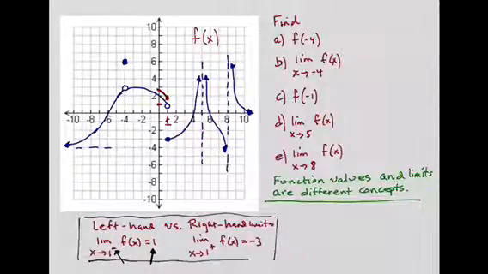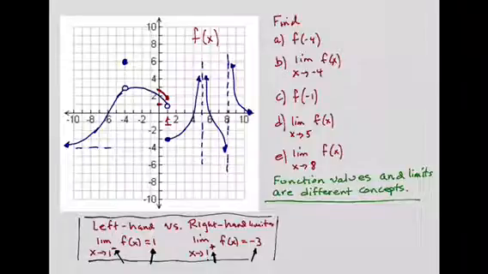Now for the right-hand limit, as x approaches 1 from the right is how we read that, x approaching 1 from the right of our function, that limit equals -3.